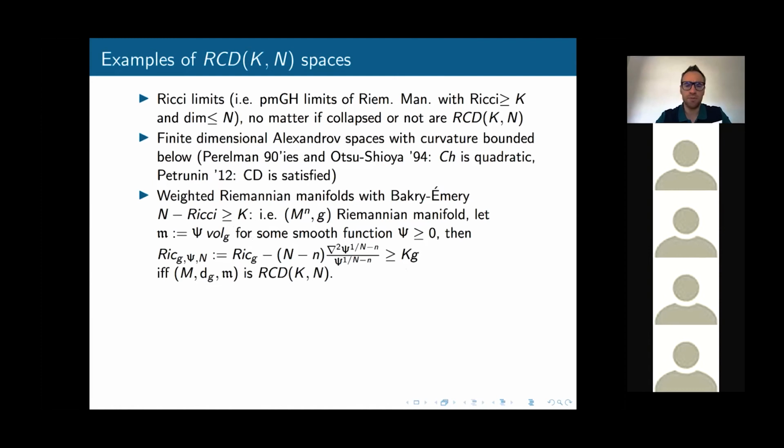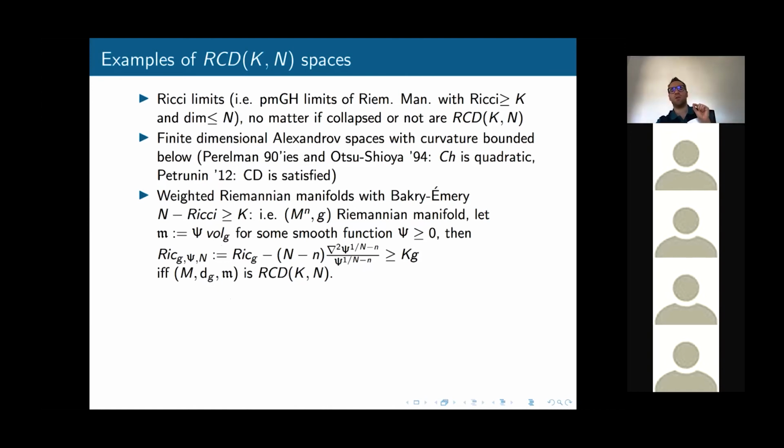Now, it was proved by Sturm that such a condition, N Bakry-Émery Ricci tensor bounded below by K, is equivalent to saying that the associated metric measure space is an RCD(K,N) space. So the manifold with the Riemannian distance function and with this weighted measure is RCD(K,N).